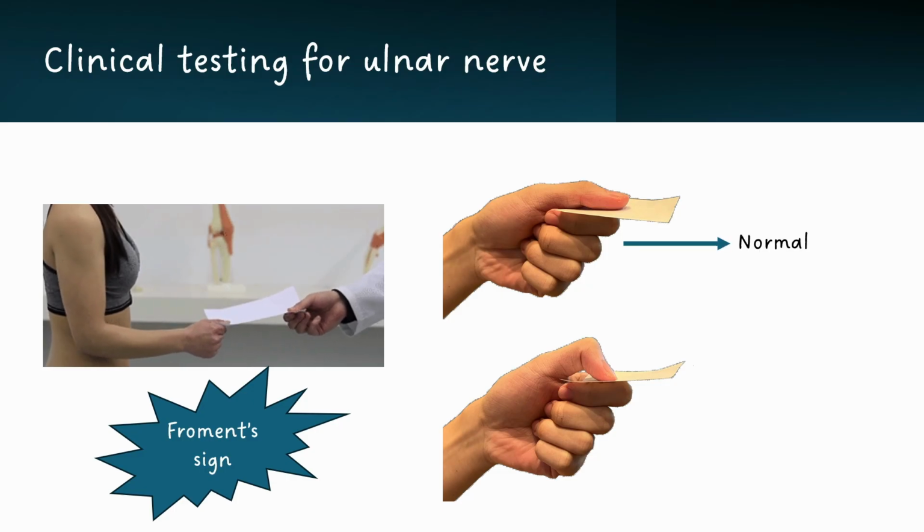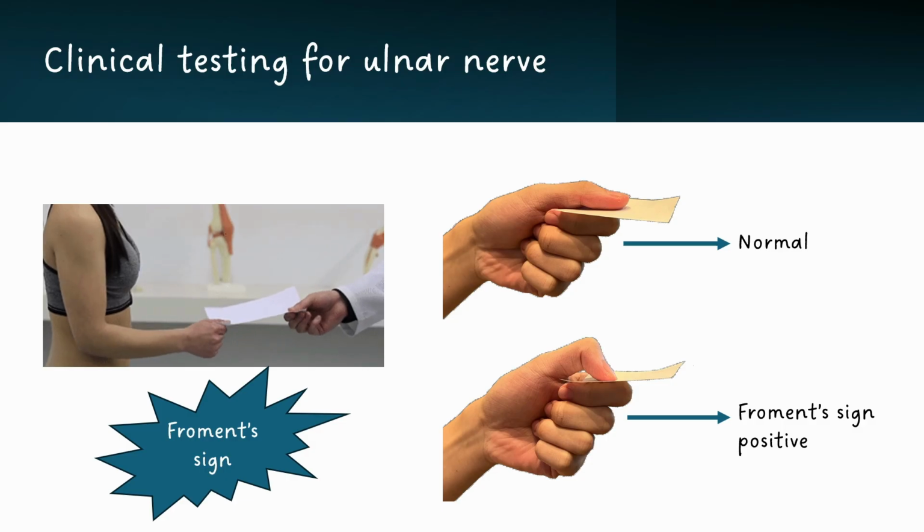But in a patient with ulnar nerve injury, when we ask them to grasp the card between the thumb and index finger on the affected side, and the doctor tries to pull, there is flexion of the distal phalanx of the thumb. This is known as the positive Froment's sign.